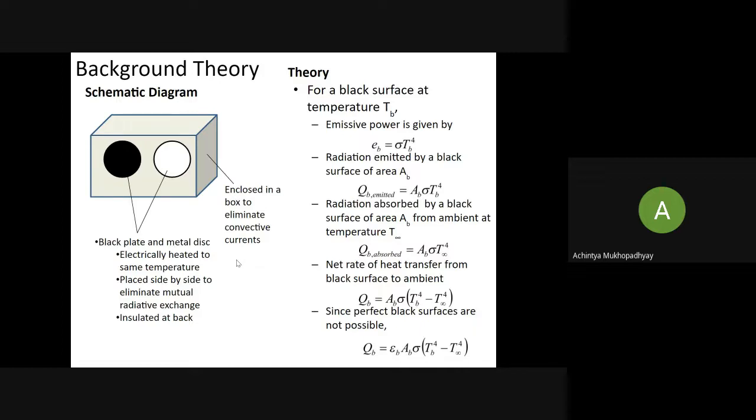So here also we cannot eliminate natural convection, but by putting it inside a box, we ensure that there is very little natural convection taking place, and also little effect of stray convective currents, like some air flowing inside the room and things like that. So those are minimized, so that radiation becomes the dominant mode of heat transfer.